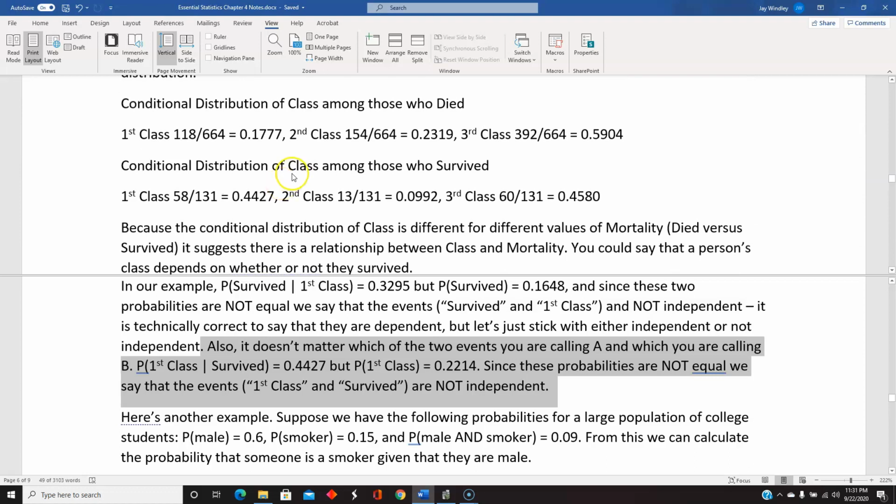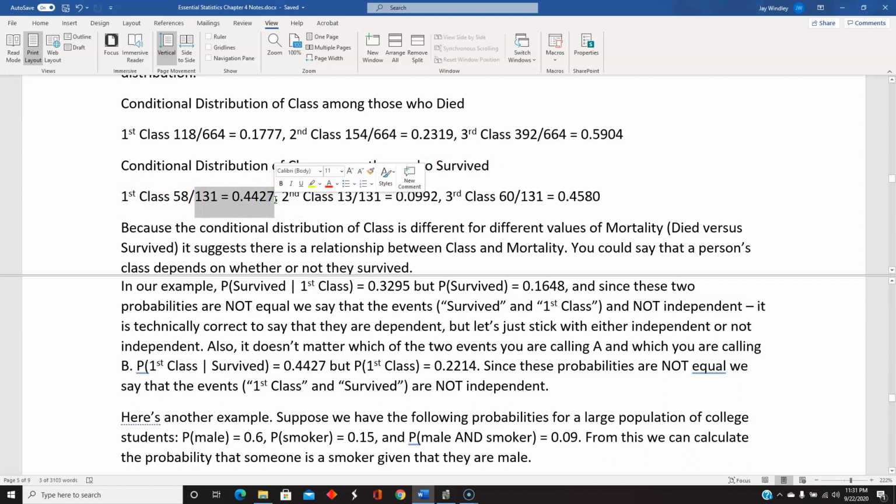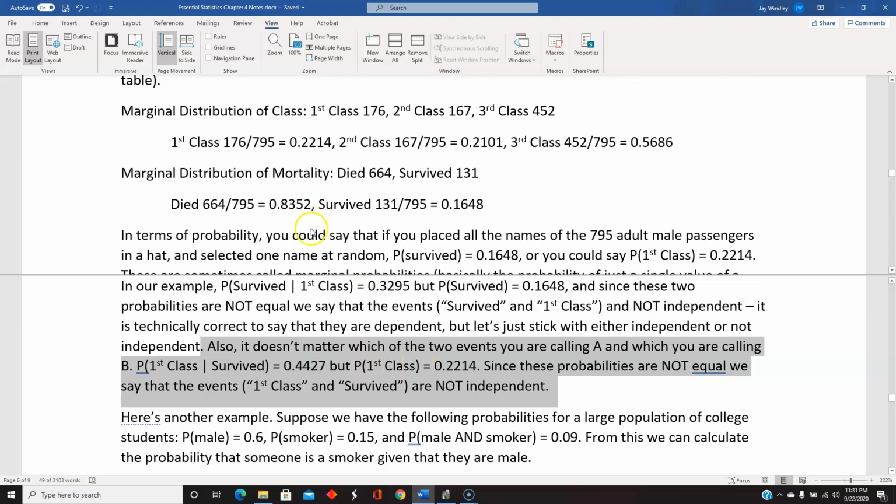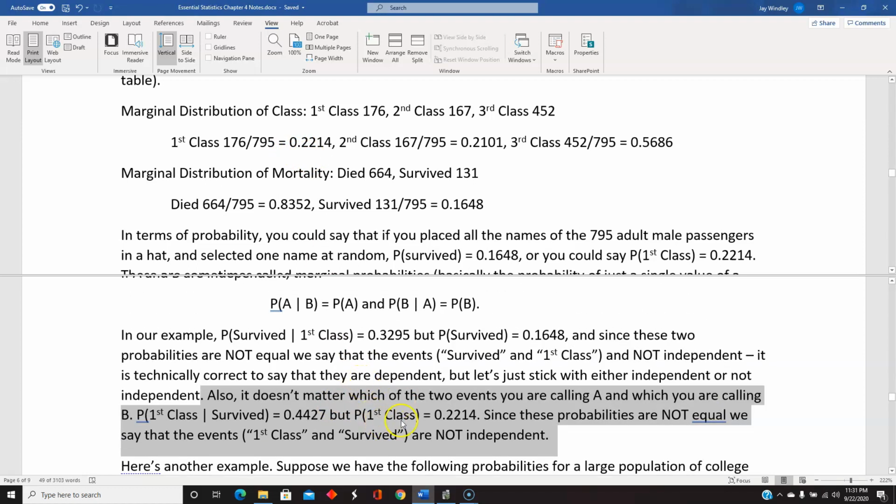The probability that they were in first class given that they survived is 0.44. But the probability that someone was in first class, we saw that way up here, is just 22%. So 22% of the passengers were in first class, but 44% of the survivors came from first class. So again, since those probabilities are not equal, then we say the events are not independent.